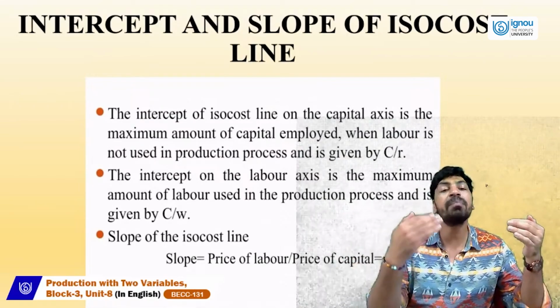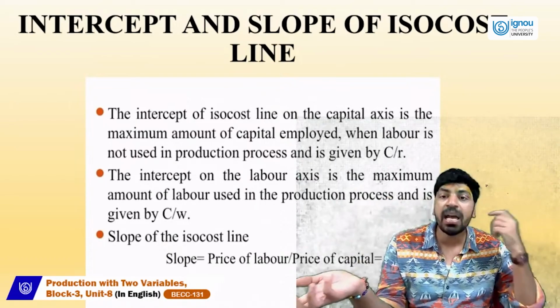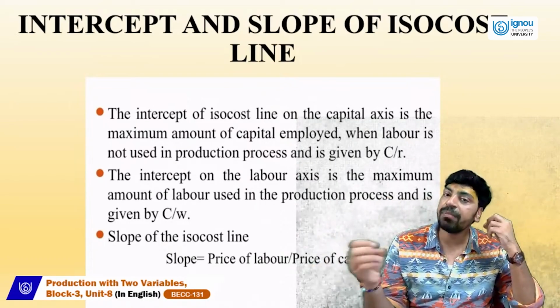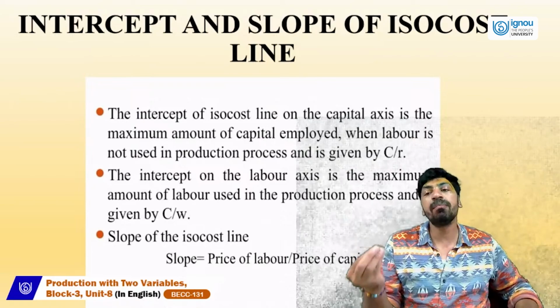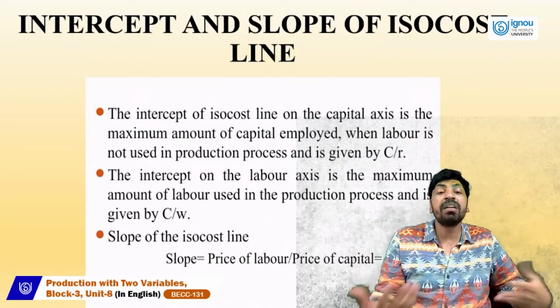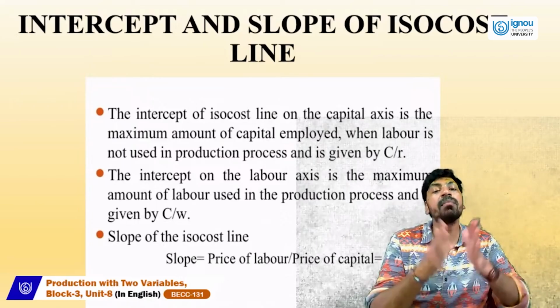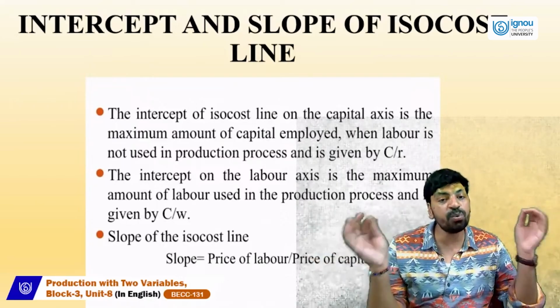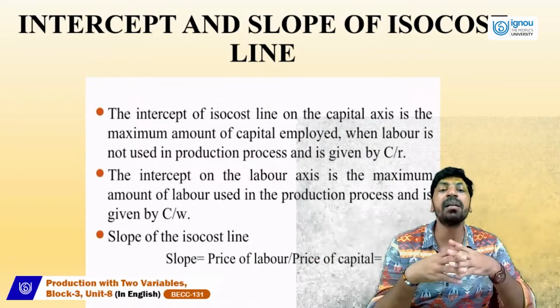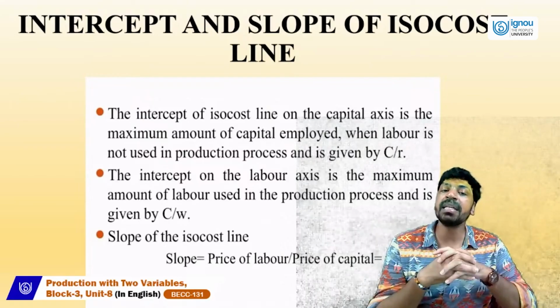That means labor is zero, and that's called the intercept, which is given by C/R. But the intercept on the labor axis is the maximum amount of labor used in the production process, and it is given by C/W.